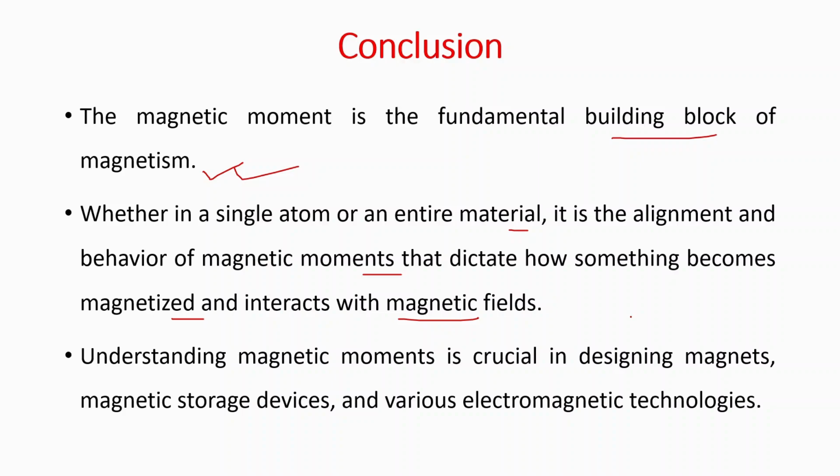It is how they align that determines to what extent a material is magnetic, whether it gets magnetized or not, and how it interacts with a magnetic field. Understanding magnetic moment is very crucial for designing magnets, magnetic storage devices, and various other electromagnetic technologies.